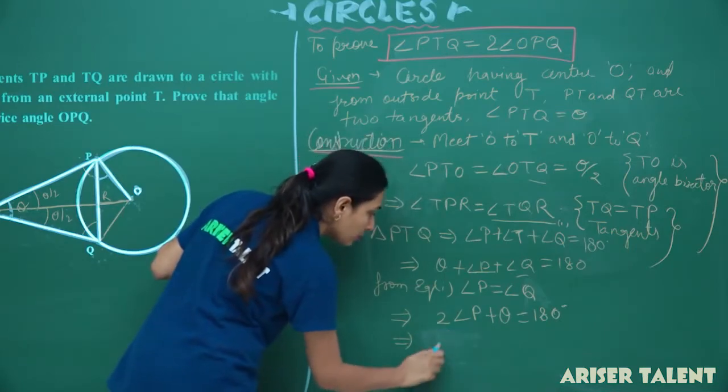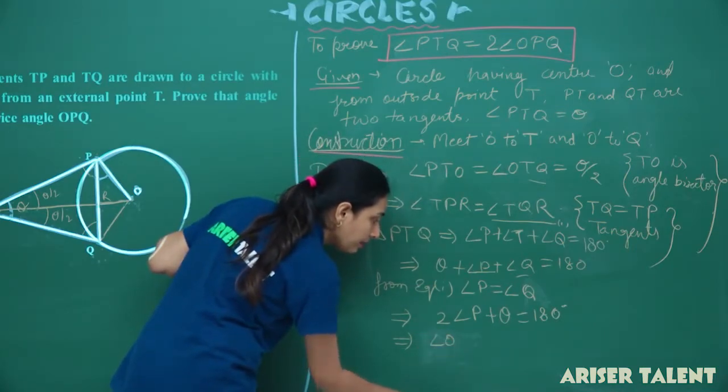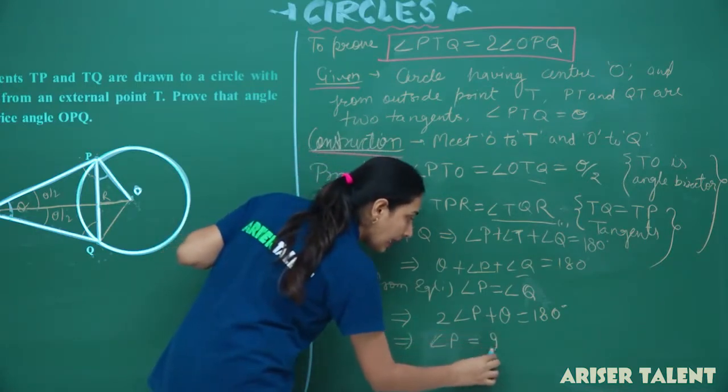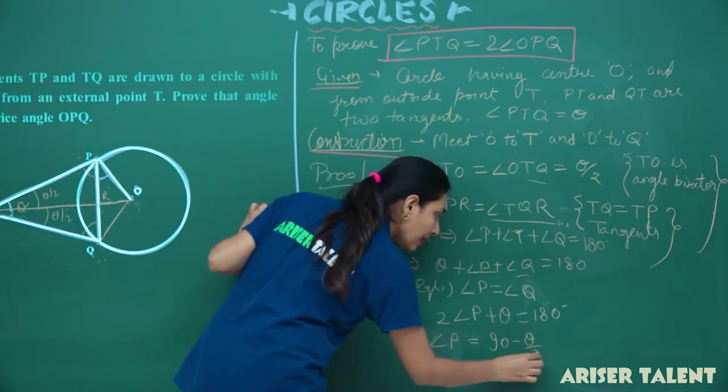Angle P will be equal to 90 minus theta by 2.